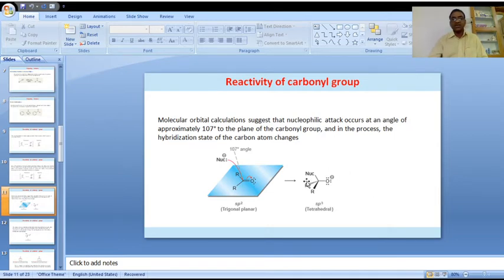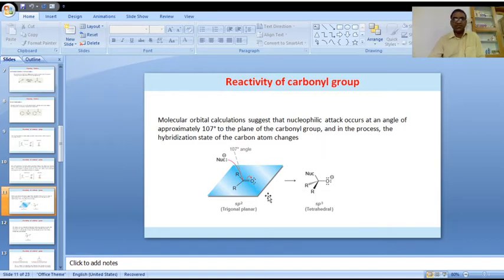The alkoxide ion is produced after the attack of the nucleophile at 107 degrees to the plane of the carbonyl group. And in the process, the hybridization state of the carbon atom changes.